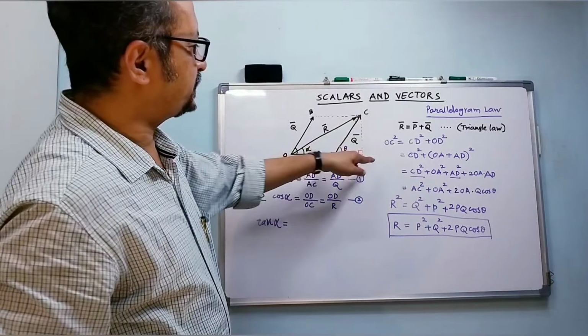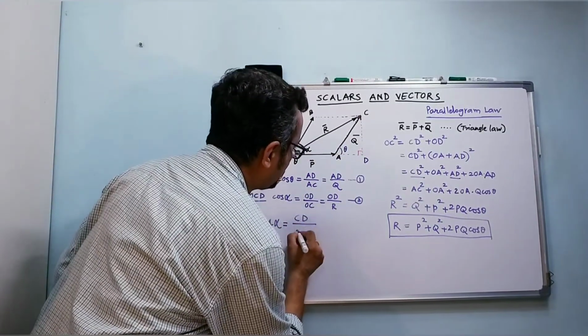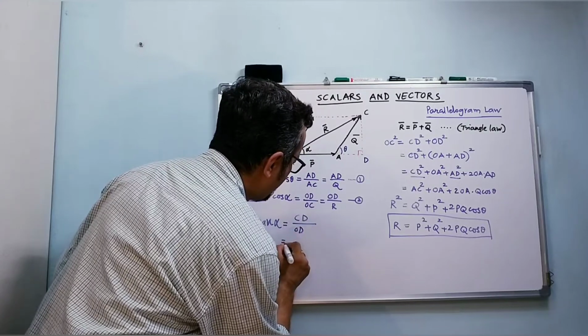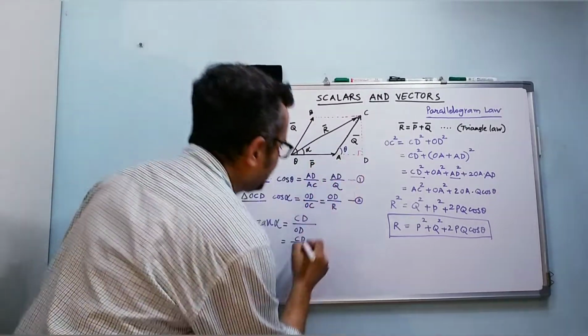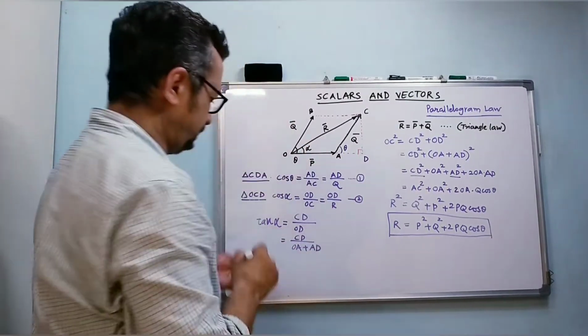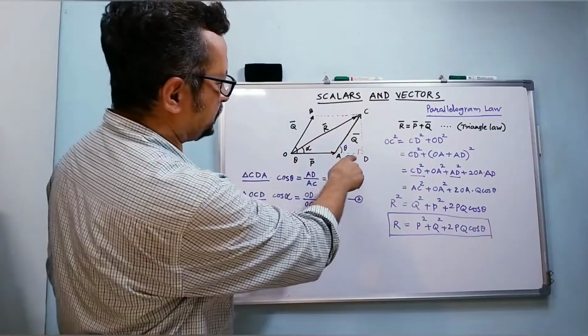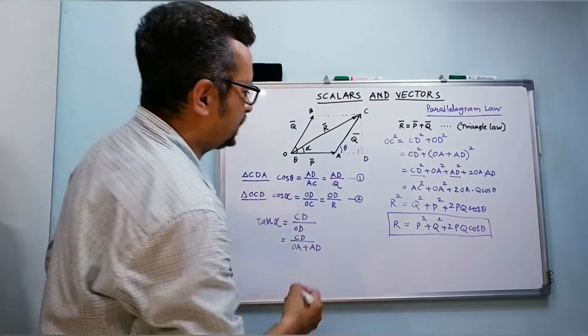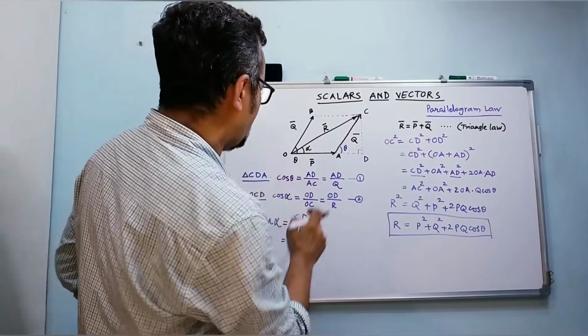Tan alpha is opposite upon adjacent, so that would be CD upon OD, and my OD is OA plus AD. For this AD, I know that AD is equal to Q cos theta.